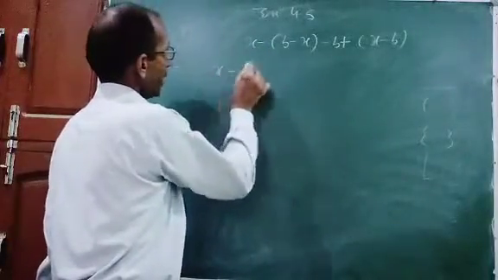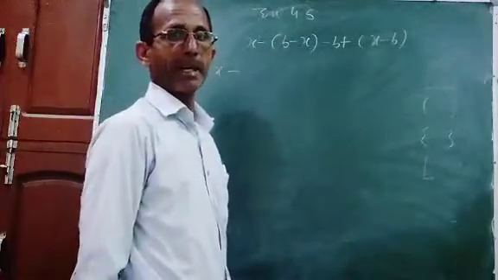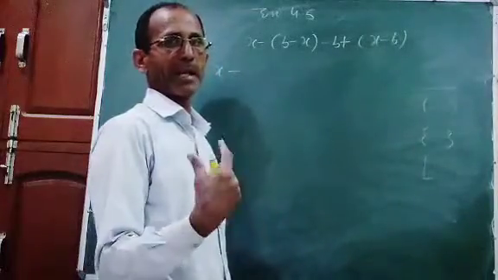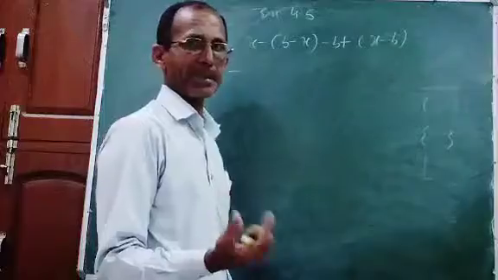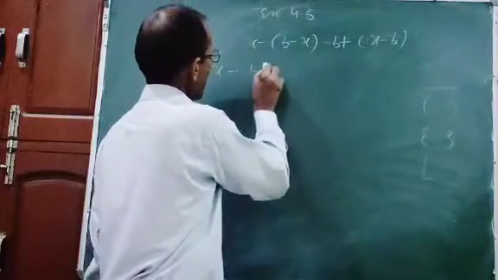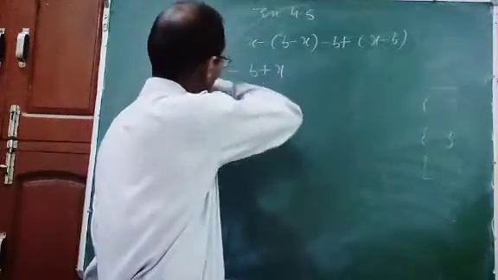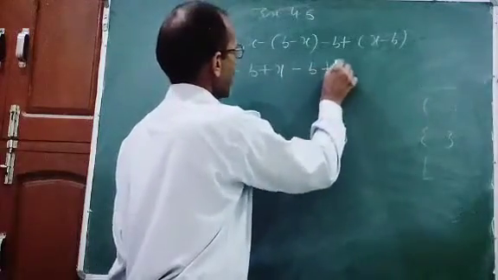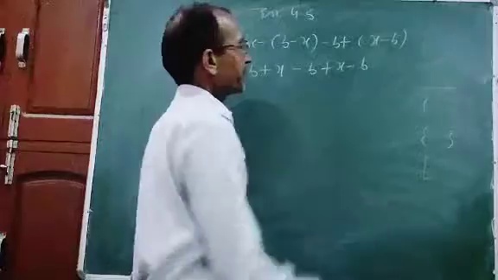x. Now I am solving the bracket. If outside the bracket there is minus, then when we are solving the bracket, change the sign. So minus b plus x, minus b plus x, and minus b.